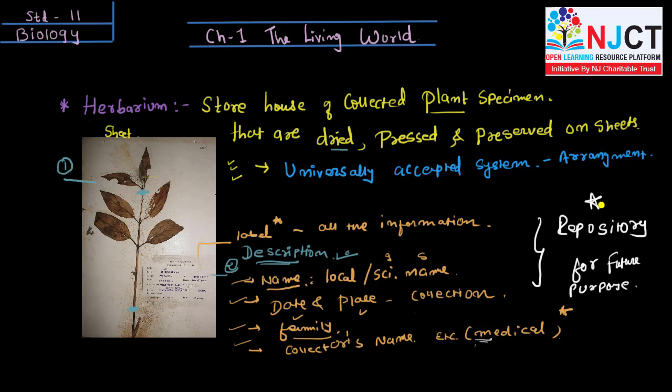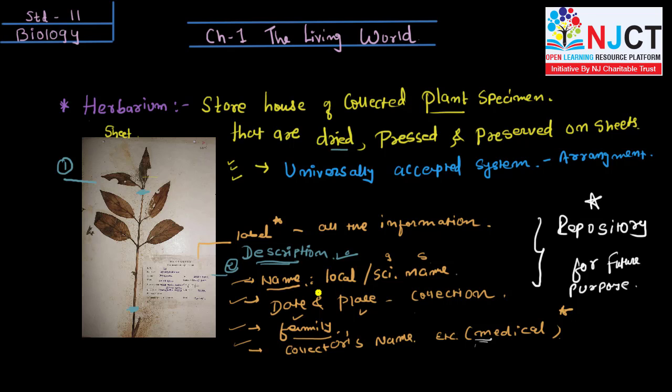Herbarium has all the different kinds of plant specimens stored in this particular way, and all the information is written into it. And how they've arranged it, you have seen the libraries, right? How they've arranged the books in a very good manner. Just like that, they've arranged all these sheets, covered in a very proper manner by a universally accepted system. And these are the things you have to write.